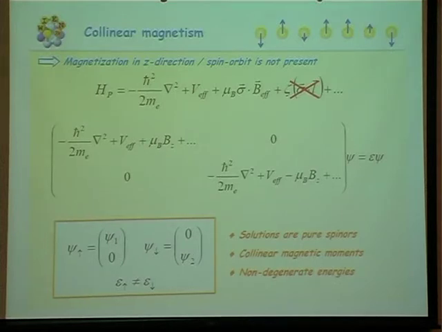The spin down component is 0. And the other way around is like this. Of course, the eigenvalues of spin up are not the same as the eigenvalues for spin down. But an up eigenvalue has only an up contribution here. That is what we would call a standard spin polarized calculation.